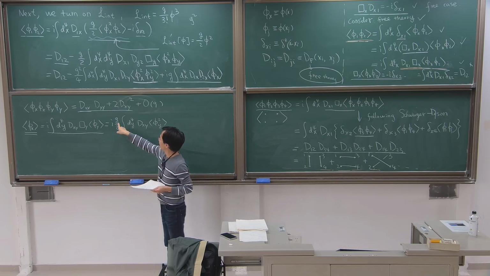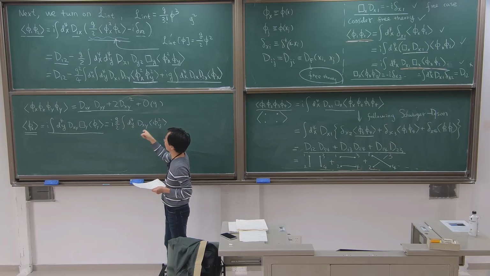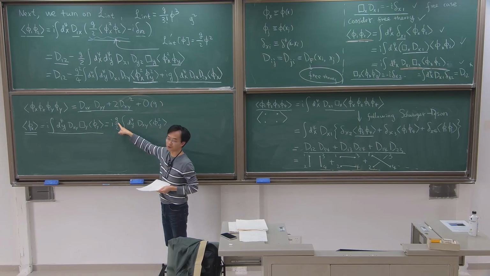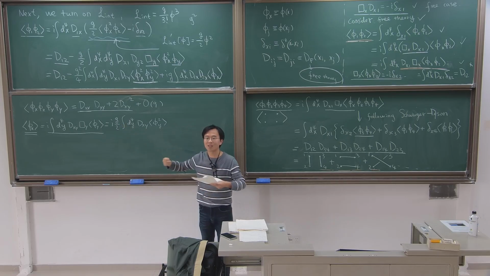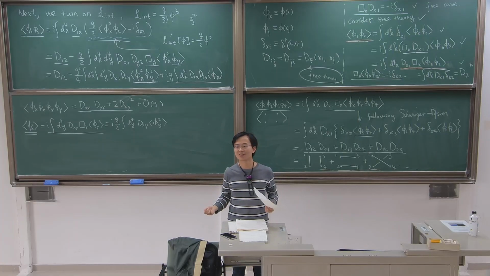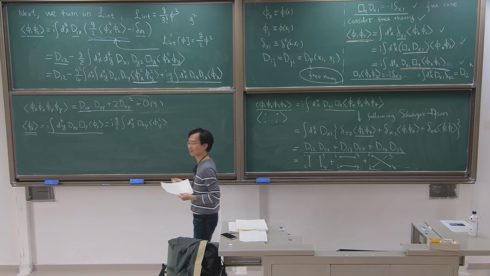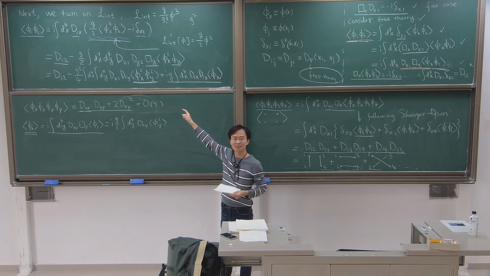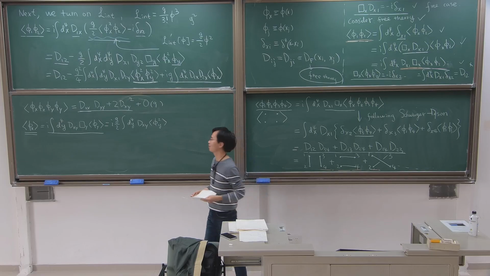Once you replace by using the interacting theory equation of motion, you will have one more factor of the coupling G. I'll get another G. This essentially means I can approximate the remaining correlators by the free theory result, because G is always small. Because there's a G, and there's another G, already G squared, right? If you have G squared as a factor, the others can be approximated by free theory.